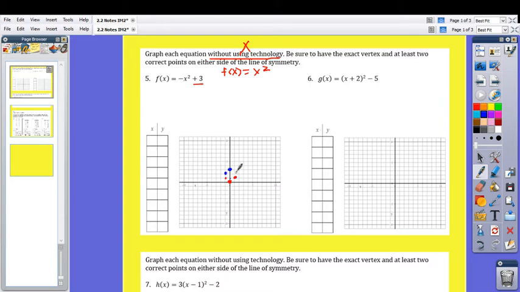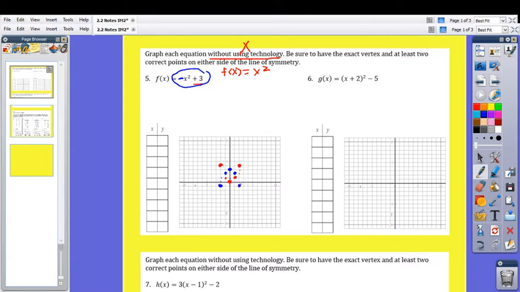So this will be my negative x squared plus 3 graph. Now if it was a regular parabola, then I would be going 1, 2, 3, 3 up, and same on the other side. But because it is negative x squared plus 3, because of the negative, I will be going downwards 3. So 1, 2, 3, right here, and then 1, 2, 3 right here.